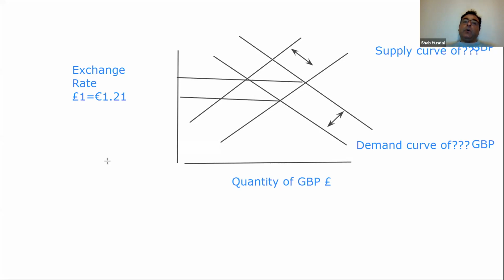So whatever is the commodity, whatever is the service, the market equilibrium would always be prevailing, basically.